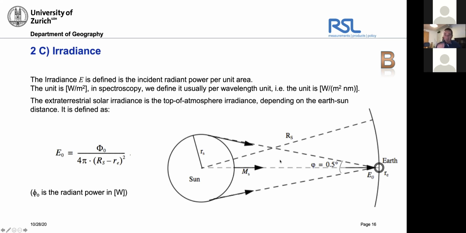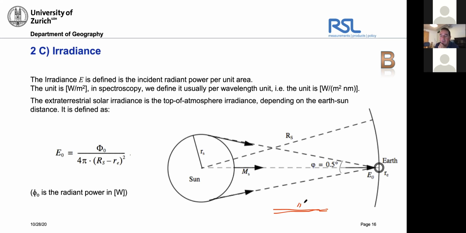So in fact the whole thing is much more narrow. The 0.5 degree is within a very short range of angle, so the two rays are almost parallel to each other.